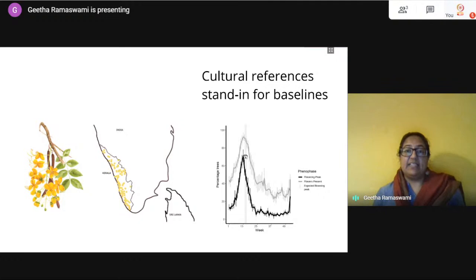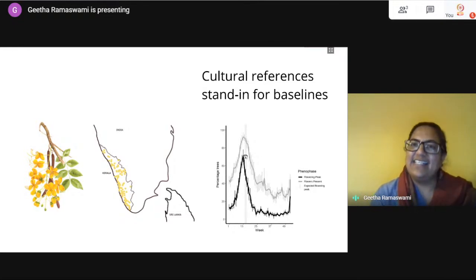So it is very likely that what people were observing, that they were not able to get the flower of this particular species at a particular time, was actually quite a valid thing. There seems to be some indication that flowering in this species is a little bit aberrant from what was known. So we basically used a cultural festival reference to understand whether the phenology of a species had shifted or not.